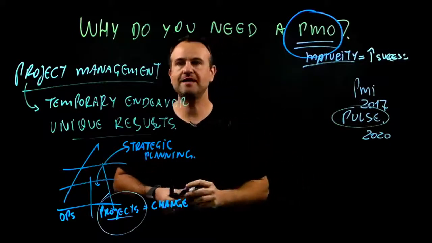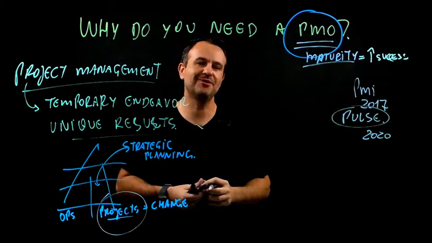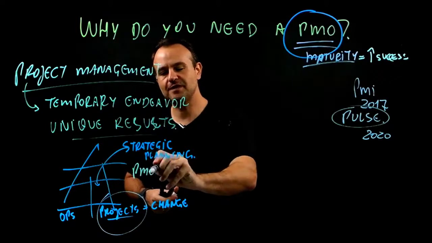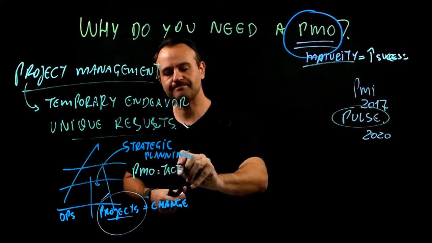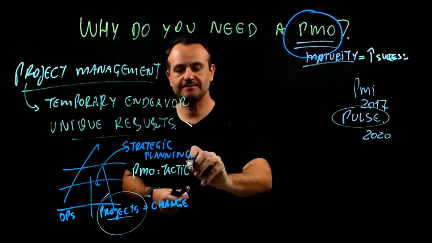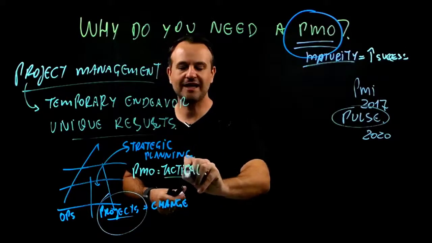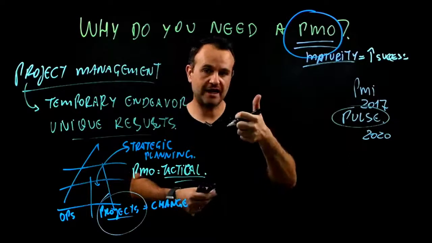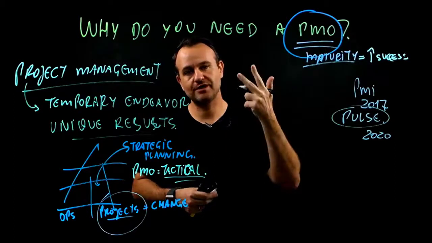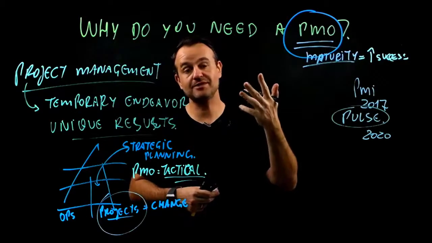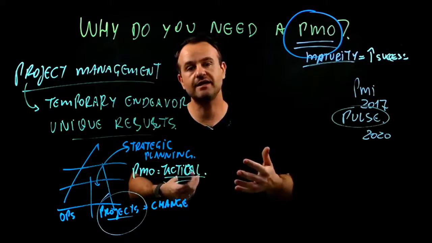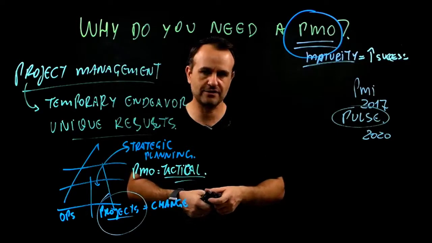The second benefit, why do you need a PMO? At the tactical level, a PMO can help the organization prioritize and select the best projects, balance the portfolios, and understand capacity for execution.